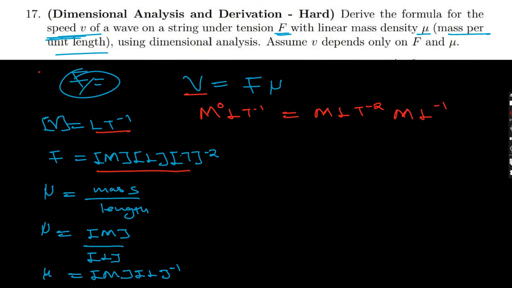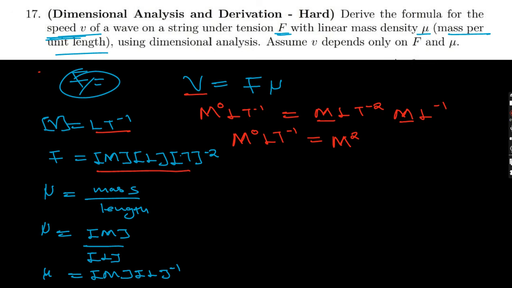Okay, M to the power 0. Now look at this. Here we're going to write it the way it is, M to the power 0 L T to the power -1 there. Then mass times mass there, we are going to have M squared.